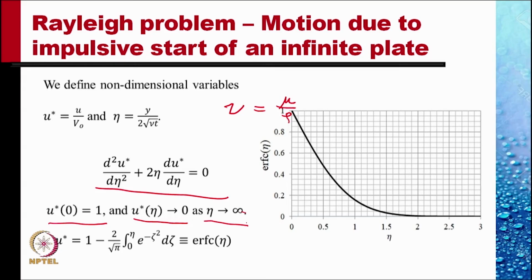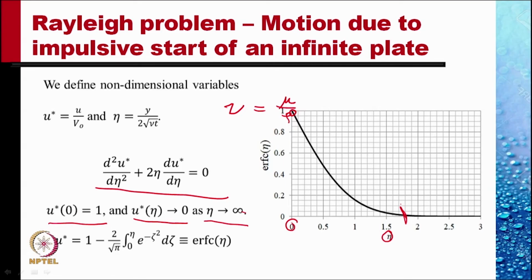The complementary error function at eta equal to 0 is 1 and it decreases very sharply until eta is about 1.8, where it has reached a value less than 1%, less than 0.01.